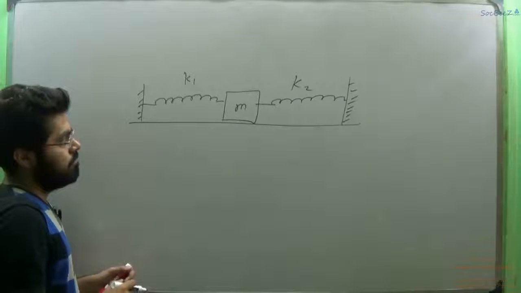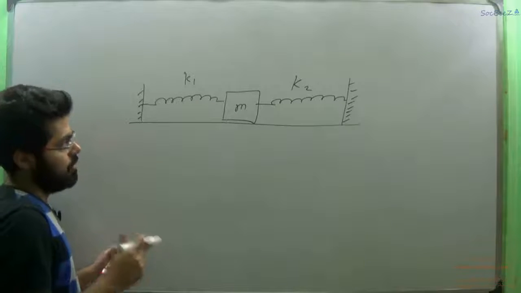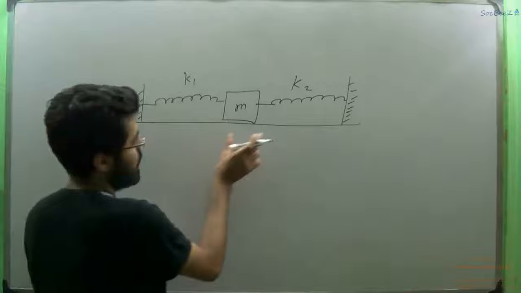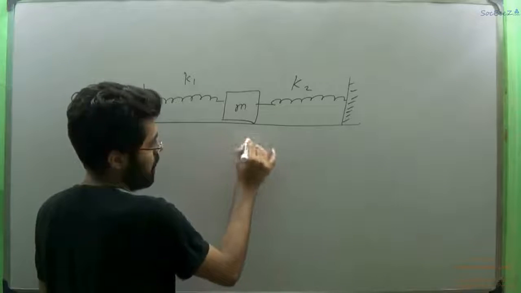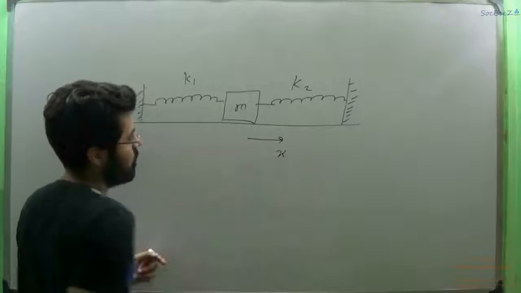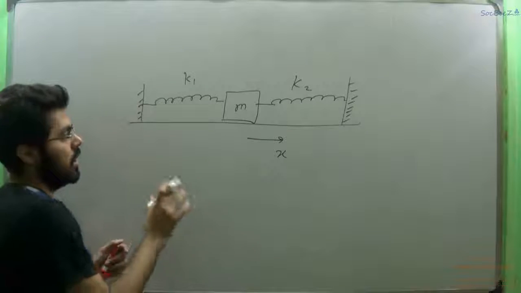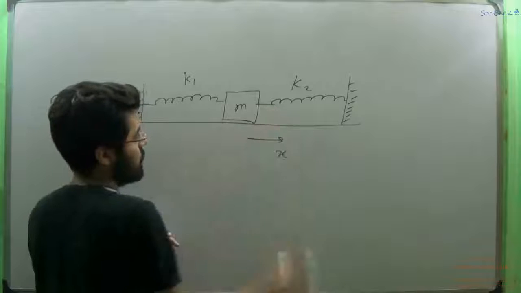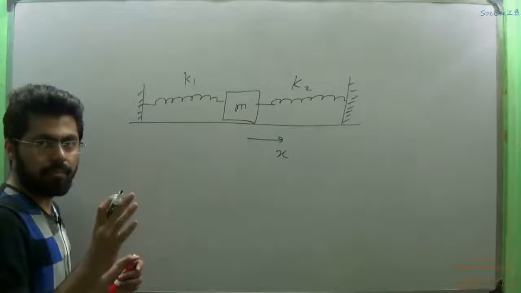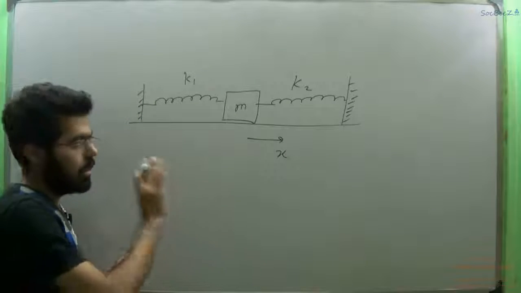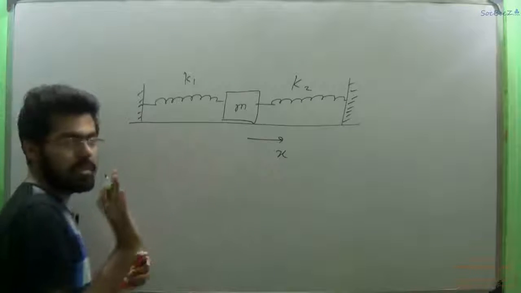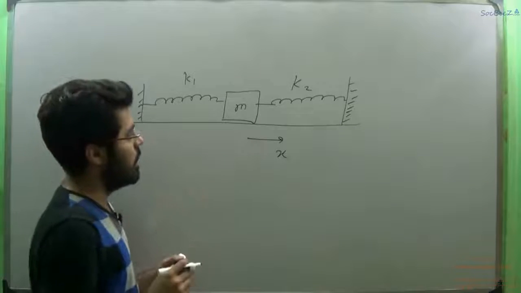Now it's asked that if the block is displaced by any external force by X amount in this direction, you just drag it by distance X and just leave it.